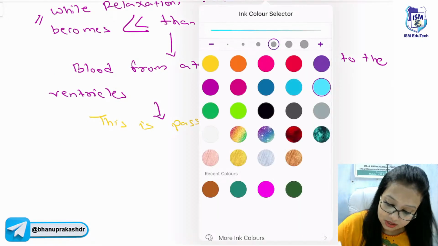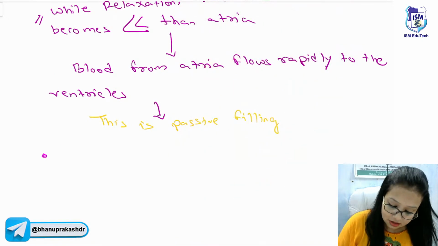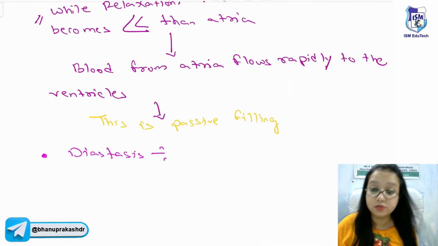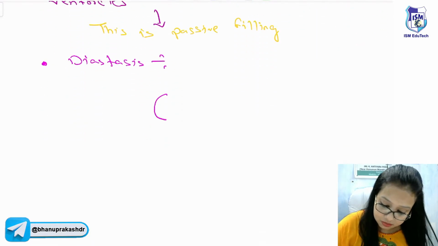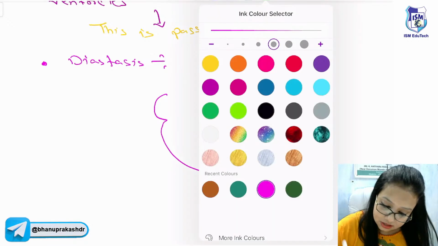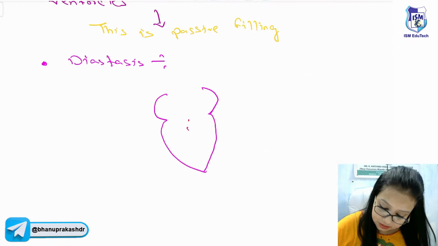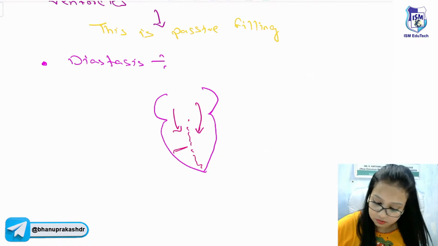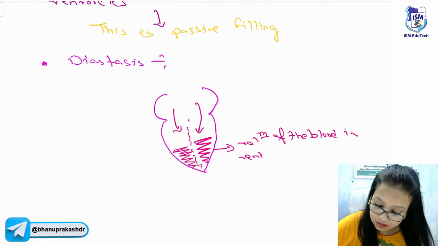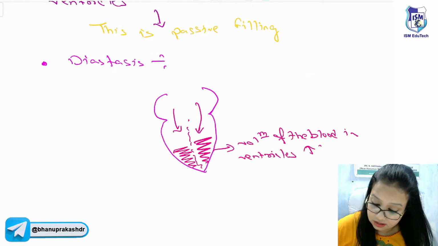Now, the second, what is the stage? The second one is the diastasis or the slow filling. So now again, if we just draw the ventricle, the ventricles are getting filled with blood. As the blood is flowing to the ventricle, the volume of the blood in the ventricles increases.